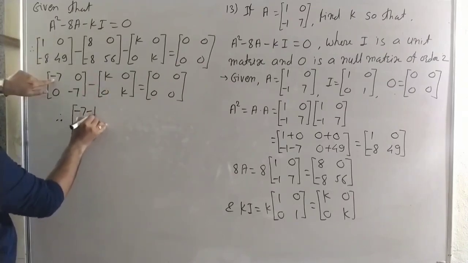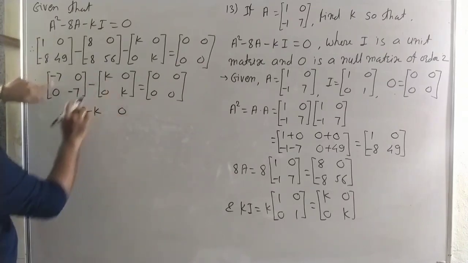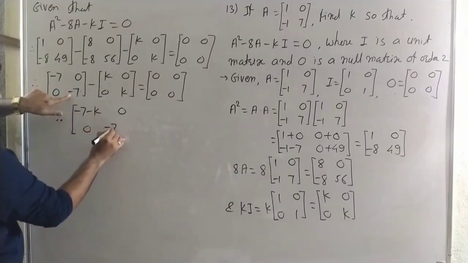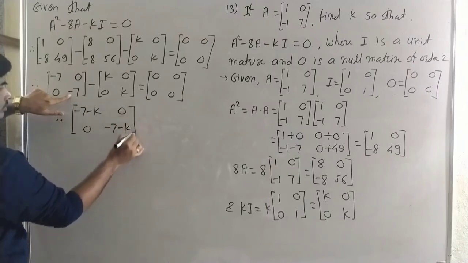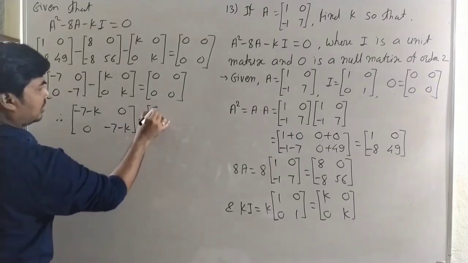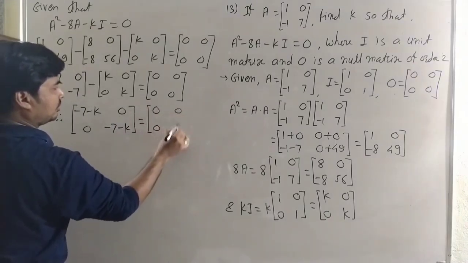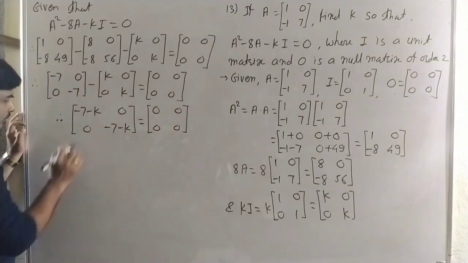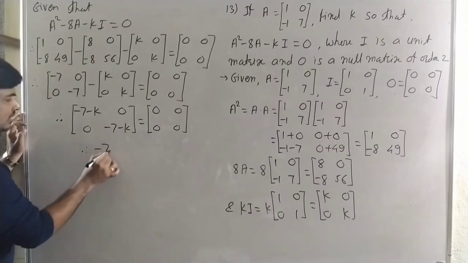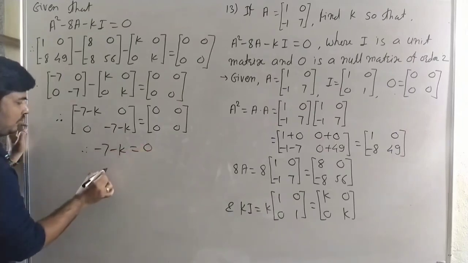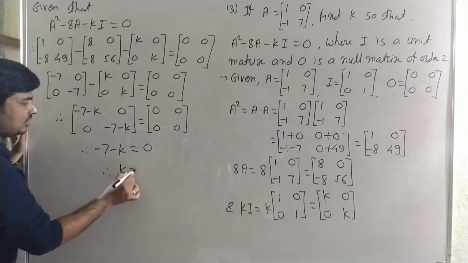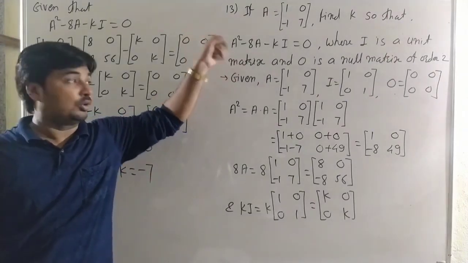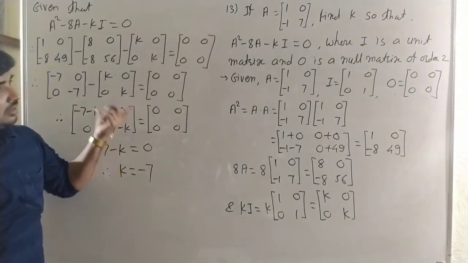Here minus 7 minus k, it is 0, again it is 0, and here minus 7 minus k, equal to [0 0; 0 0]. See carefully. Now these two matrices are equal, therefore corresponding elements are the same, and then minus 7 minus k is equal to 0, and therefore k is equal to minus 7. It is the value of k when this condition is given. Okay, see carefully, check all the calculations.